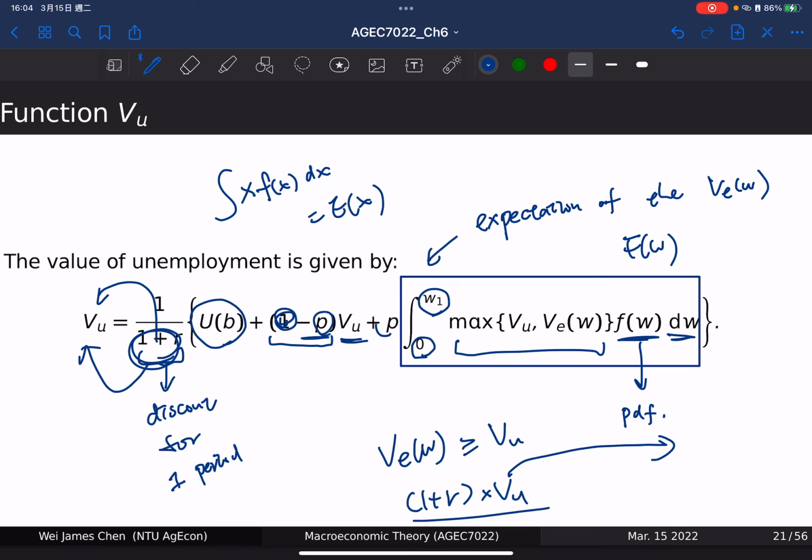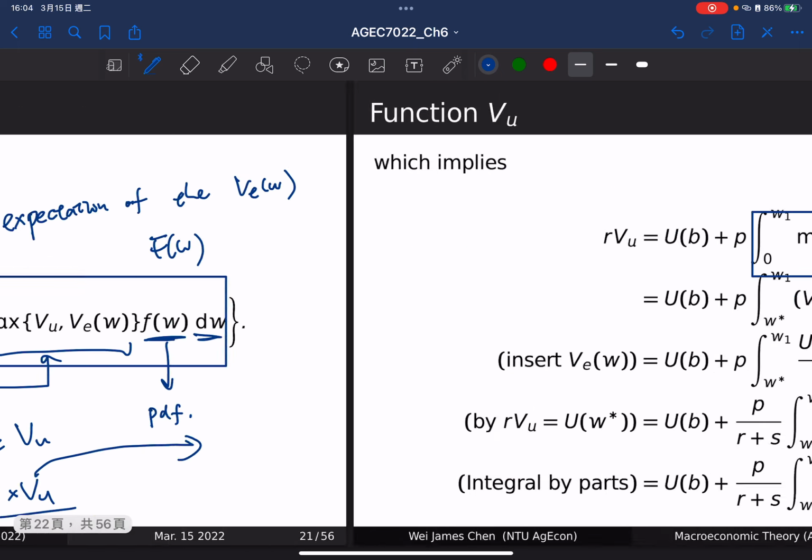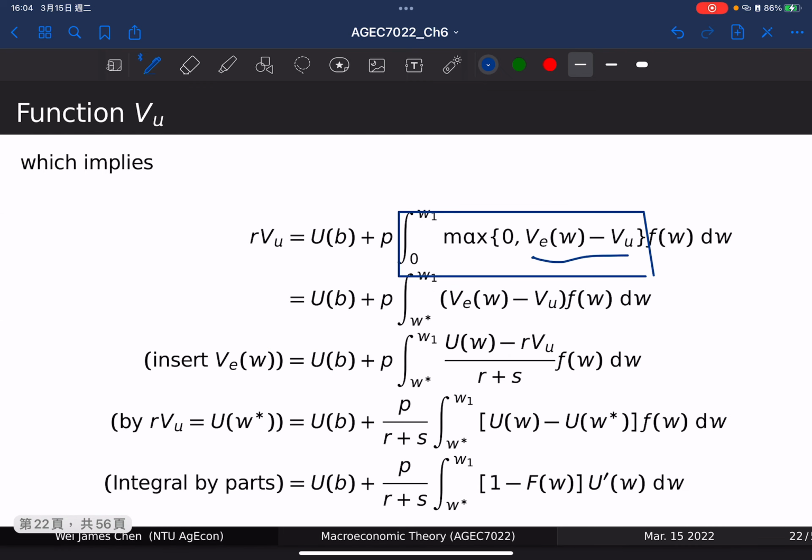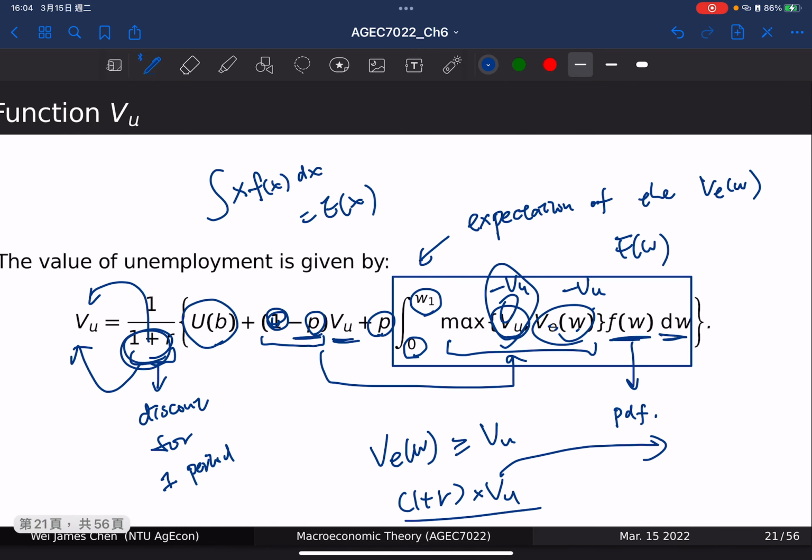So if I take the common product of p out, then the minus 1 times VU can go inside the integral. If there's a minus VU inside the integral, the max function, this one will minus VU, this one also minus VU. And VU minus VU is just 0. VE of w minus VU becomes this. And this whole term disappears, and I still have the u of b.